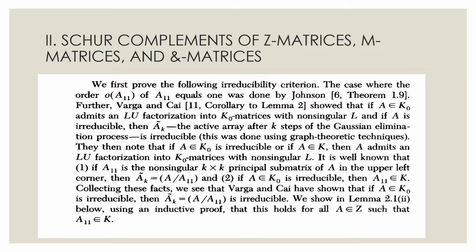Varga and Cai, in a corollary to a lemma, showed that if A is in K-naught, it admits an LU factorization into K-naught matrices with non-singular L, and if A is irreducible, then A bar K, the active array after K steps of the Gaussian elimination process, is irreducible.